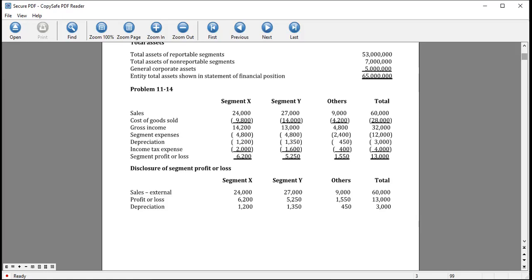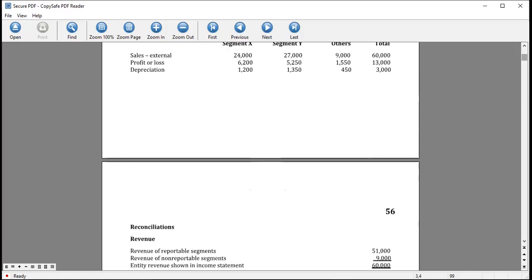Now we have the percentages to be used in the distribution of these expenses. Now take note, we have the gross income, and we have the operating expenses. We have the deduction of segment expenses, depreciation, and others. So for the requirement in the problem, prepare a schedule, report segment profit or loss.